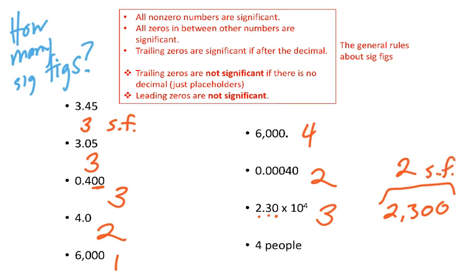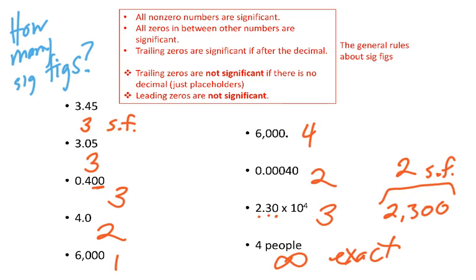So if you have one of these situations where you actually know it to the nearest tenth, this way of expressing it has no way to show that, which is why scientific notation is useful. The last one, 4 people, has an infinite number of significant figures because it's an exact number.